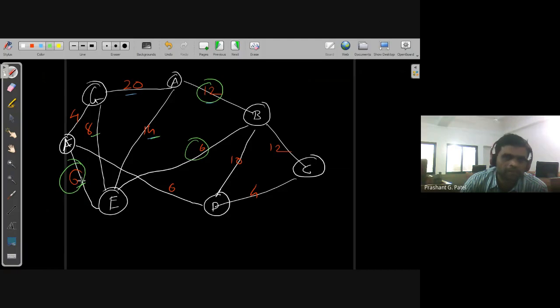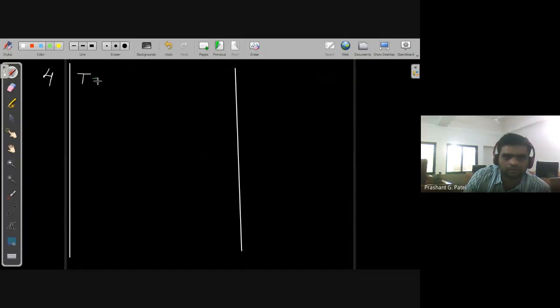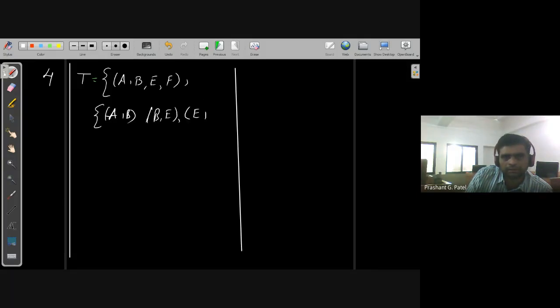This is the edge EF, and the vertex is F. So EF is added to the tree. Previously it was A, then B, then we added E. Now we are adding F. And the edges are AB, BE, EF.